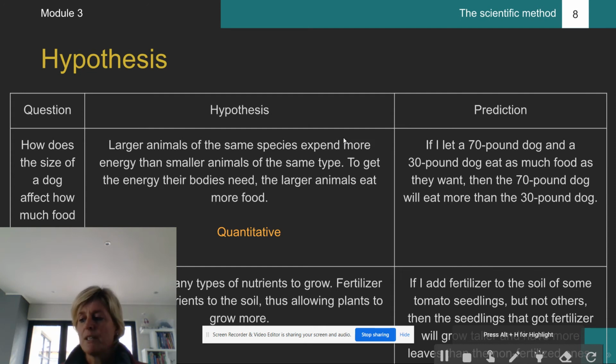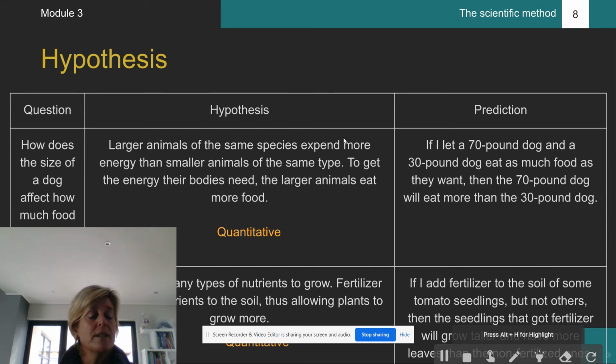The next question: does fertilizer make a plant grow bigger? Plants need many types of nutrients to grow. Fertilizer adds the nutrients to the soil, thus allowing the plants to grow more. Is this qualitative or quantitative data that we are going to gather?